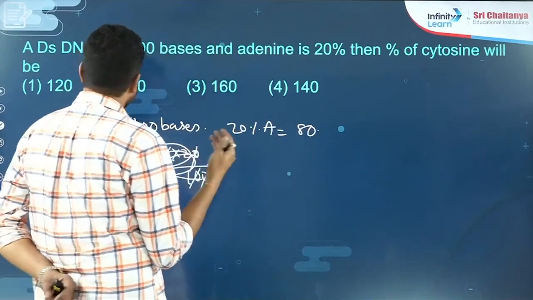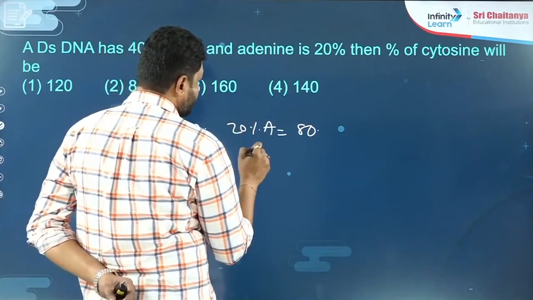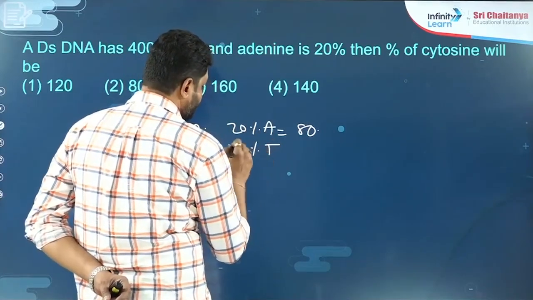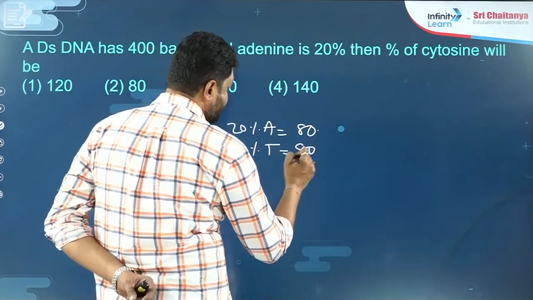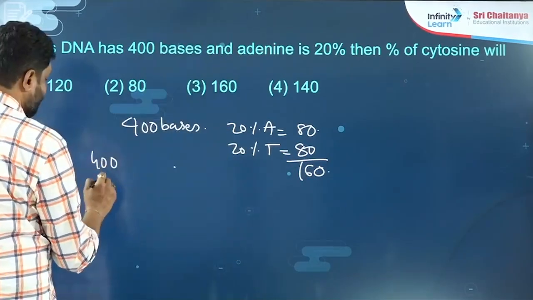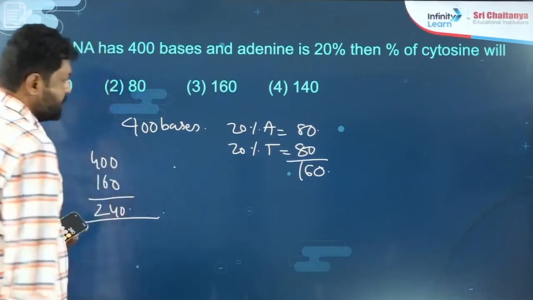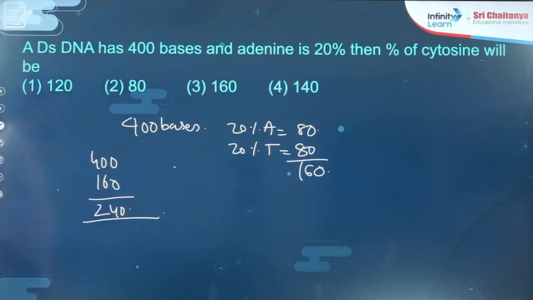Thymine will be 20%, that will be 80. 80 plus 80, 160.